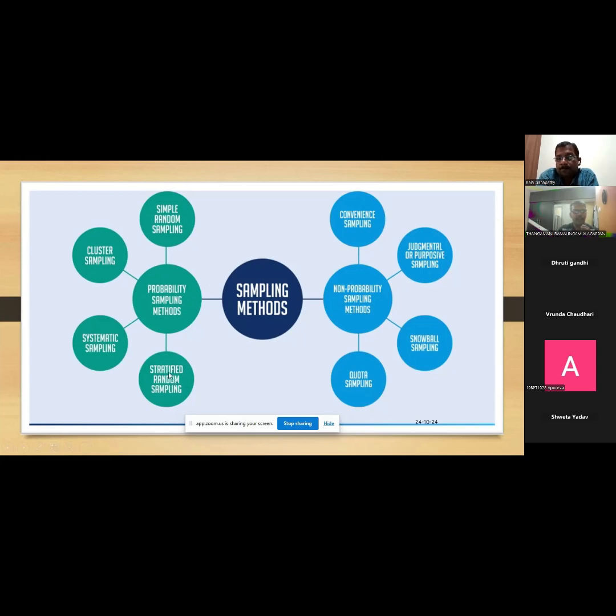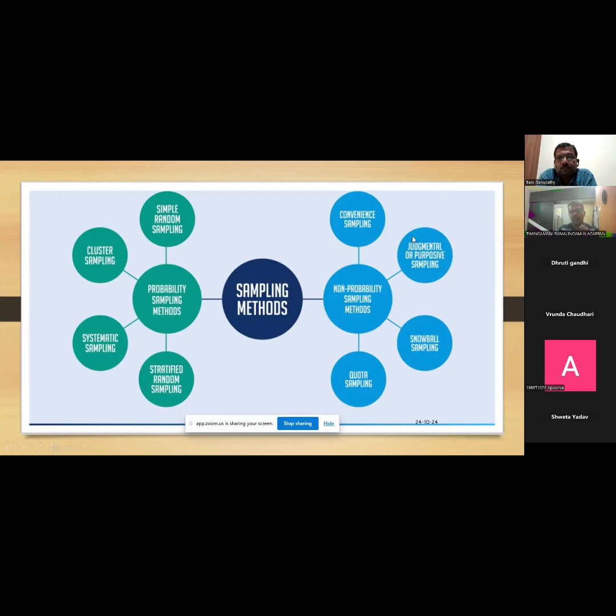Next are stratified random sampling, systematic sampling, and cluster sampling. So remember the four samplings. Non-probability samplings: convenience sampling, judgmental or purposive sampling, snowball sampling, quota sampling.